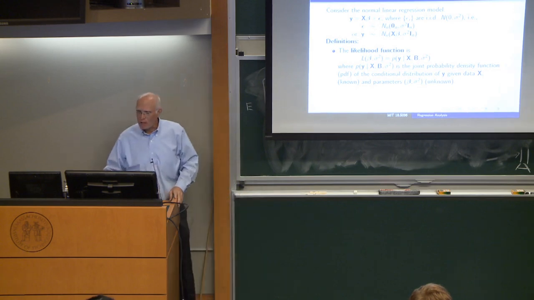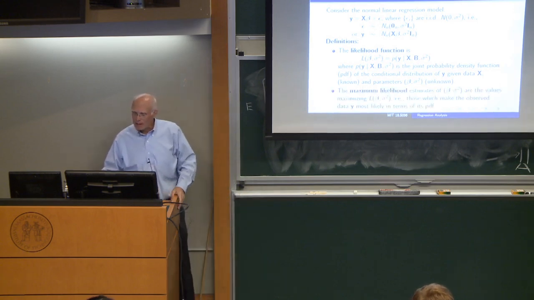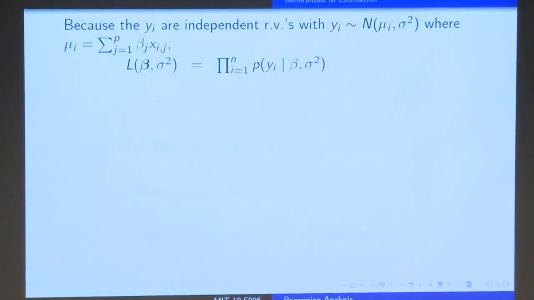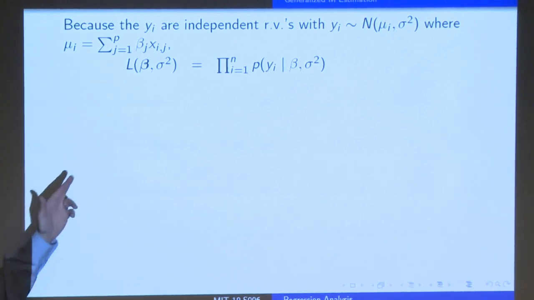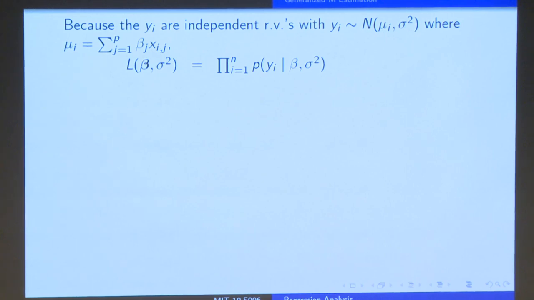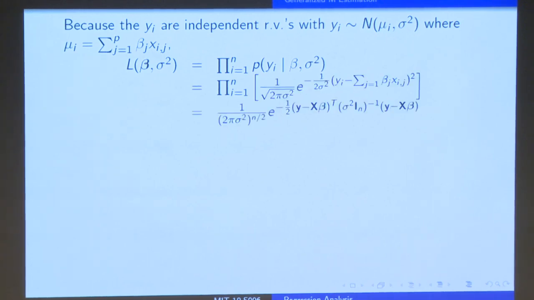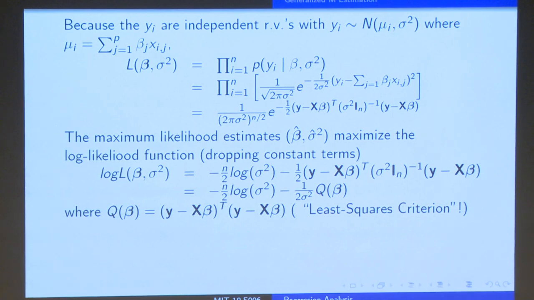If you plug in the values of the density function, we have these independent random variables y_i, whose product is the joint density. The likelihood function turns out to be basically a function of the least squares criterion.